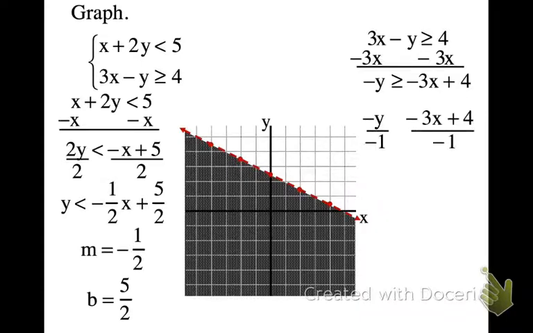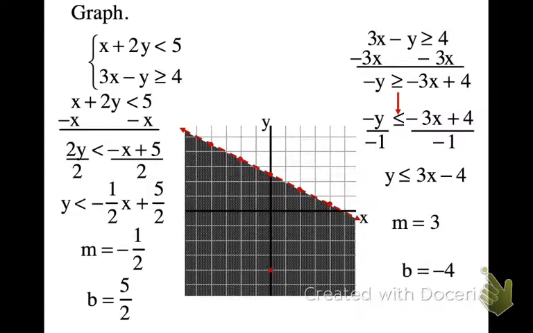And so I would get the opposite of y is less than or equal to negative divided by a negative here is a positive. This is positive divided by negative is a negative. And so my m is 3, my b is -4. And then we plot that point. So I'm going to -4.